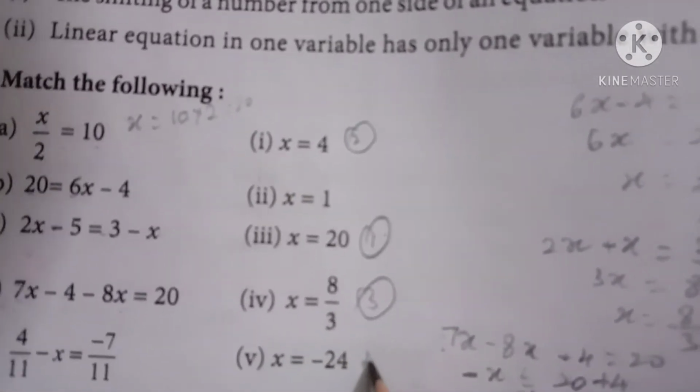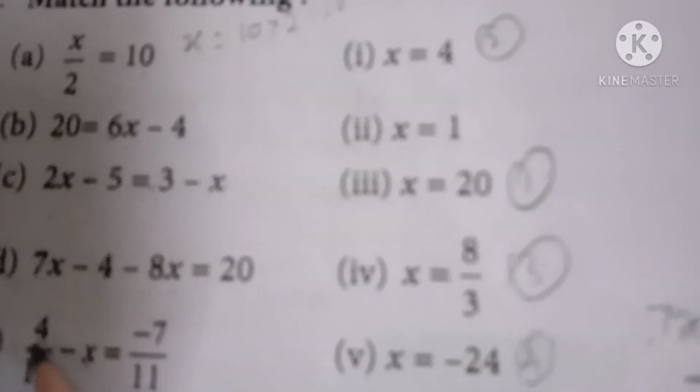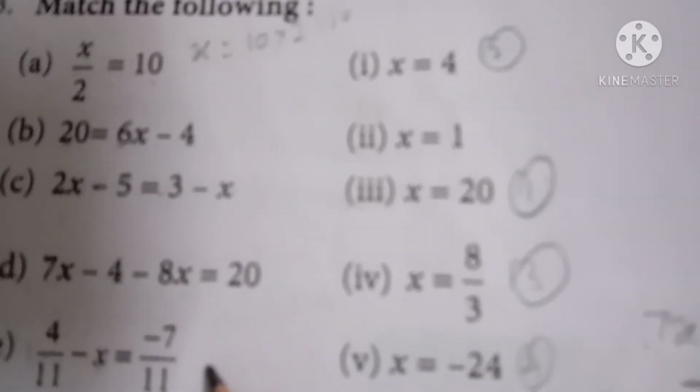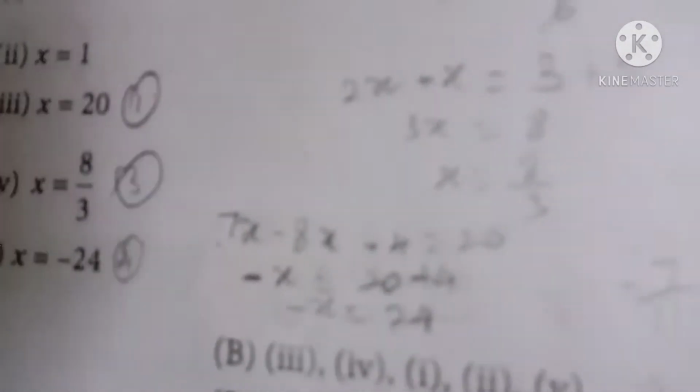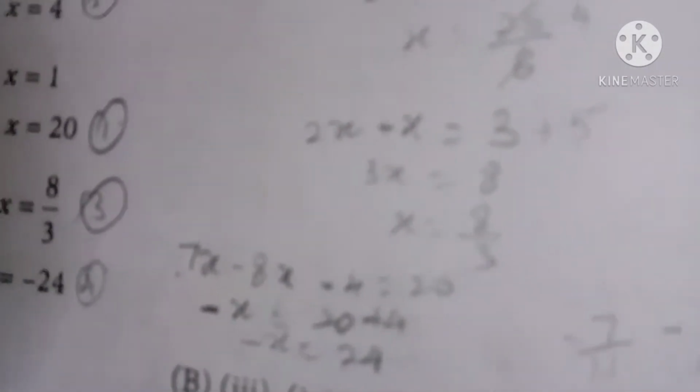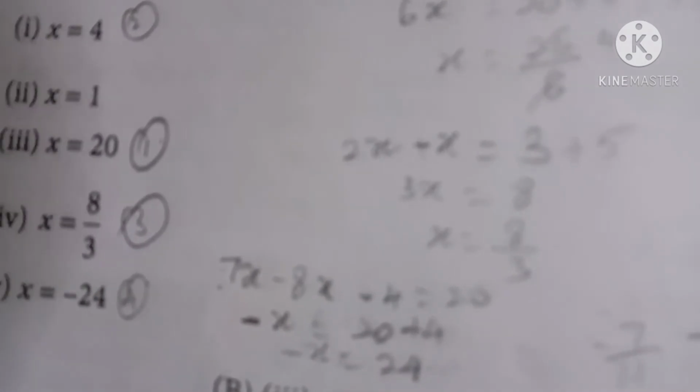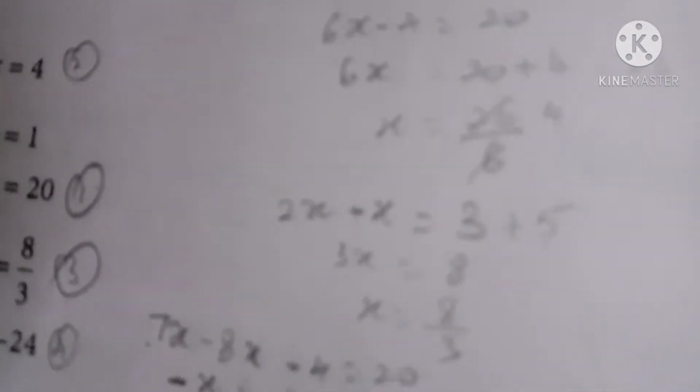This is your fourth one. And next one, so when you bring the plus to the right hand side, minus. Therefore, minus 7 by 11 minus 4 by 11. Denominators are equal, so directly you can add. Therefore, minus 7 minus 4 is minus 11.